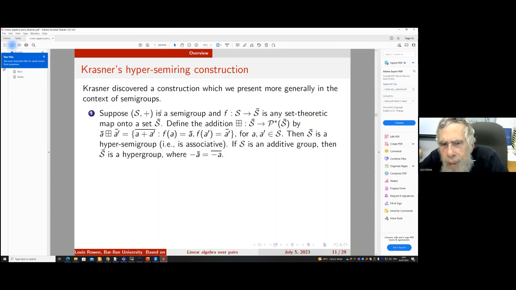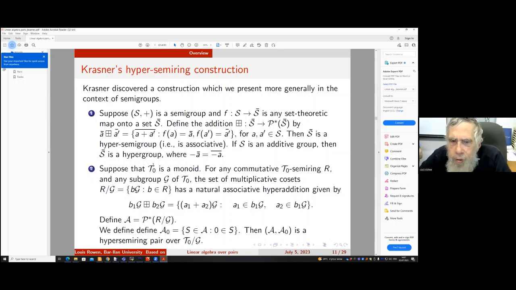If you have any semigroup and you have a map onto another set, then you define the hyperaddition to be the set of all elements whose pre-image is the pre-image of the sum of a plus a prime, or a bar plus a prime bar. And if S is a group, then this is a hypergroup.